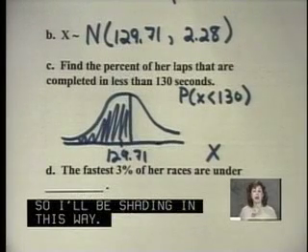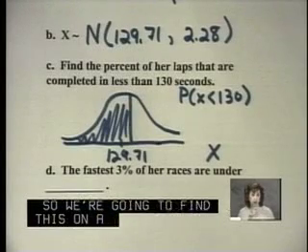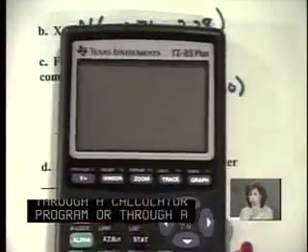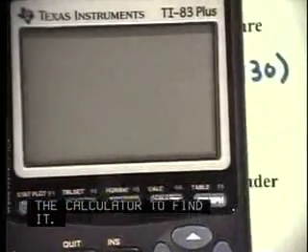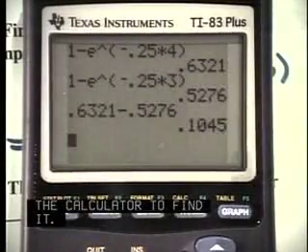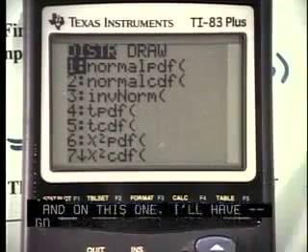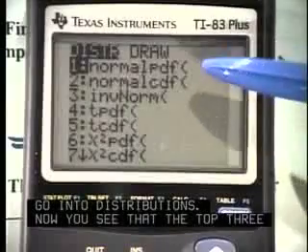So we're going to find this on a calculator or through a calculator program or through a computer software program, but I'm going to go on calculator to find it. I'll go into distributions. And now you see that the top three distributions deal with the normal distribution.